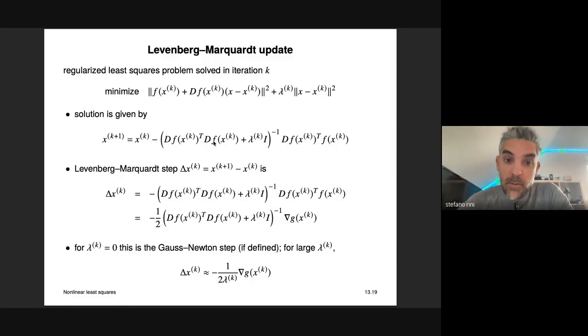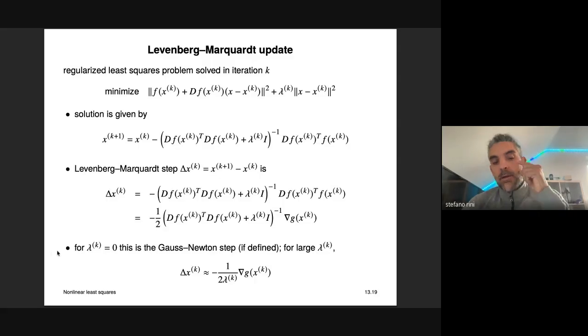And evaluating this Jacobian is very expensive, because the matrix has size n squared in some sense, so it's numerically very expensive to compute these terms.